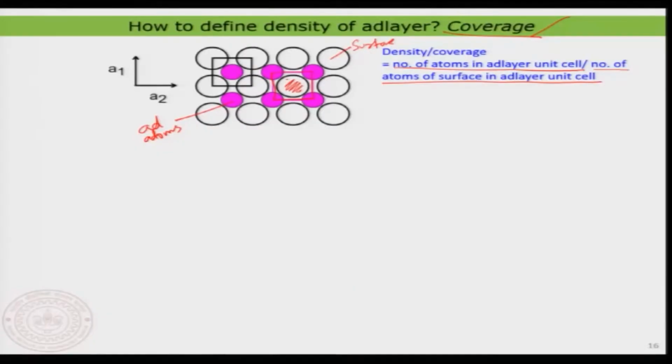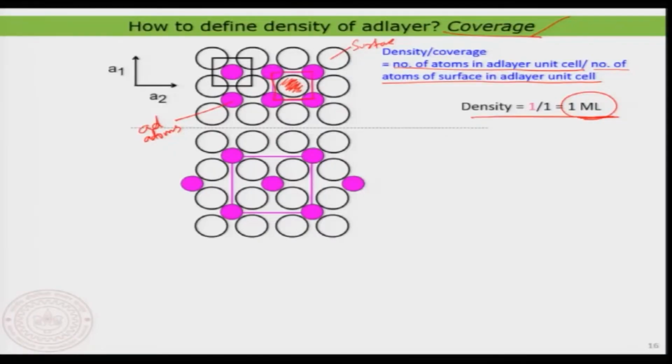Now, you can see that just one atom is occupying the area of the Adlayer lattice from the surface. So, for this particular case the coverage is 1 by 1, that means it is 1 monolayer. One monolayer, or typically ML, is the unit for this, called monolayer, and one monolayer represents that the surface is completely covered, meaning that every single surface atom is occupied by one Adlayer atom.